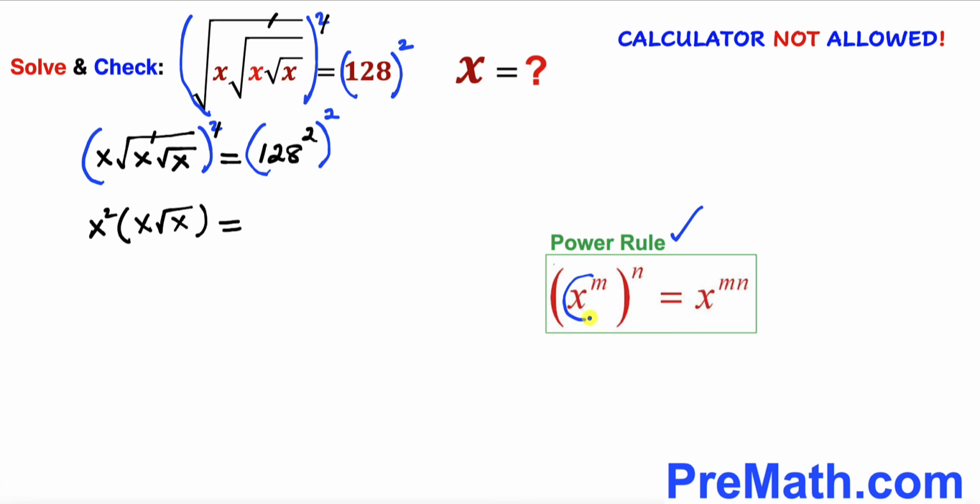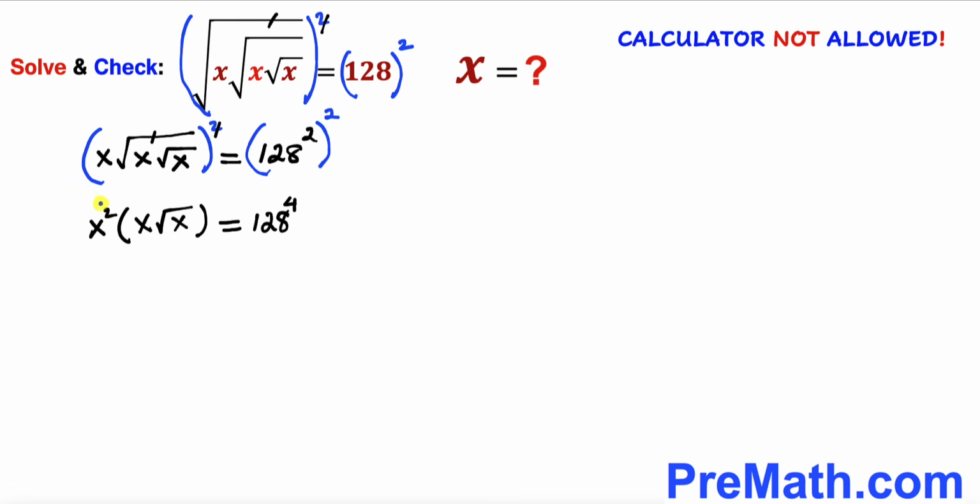If we have x power m and then power n, in other words nested exponents, then we can write x power m times n. We apply this rule on the right hand side, so this becomes 128 power 2 times 2, which gives us power 4.